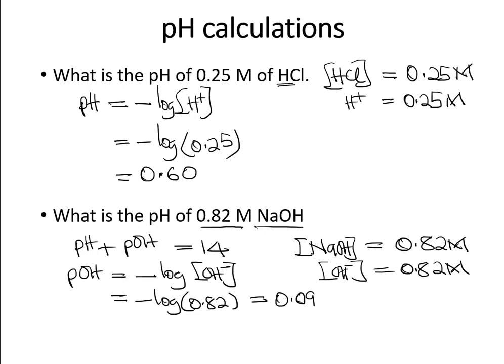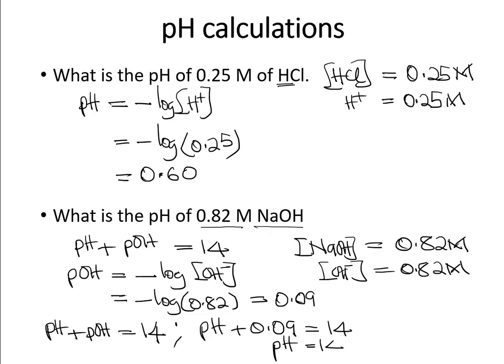But we are saying pH plus pOH is equal to 14. In other words, pH plus 0.09 is equal to 14. So we can say pH is 14 minus 0.09, which is 13.9. So it is really basic.